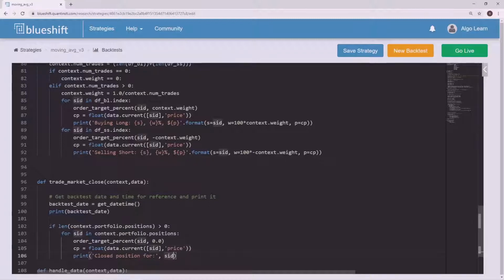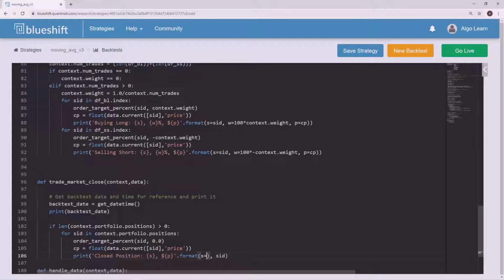And K, and then we're going to do "closed position," and then this is for SID. Oh, no, actually, I'm just going to do a dollar sign P for price, and then we're going to do our format.